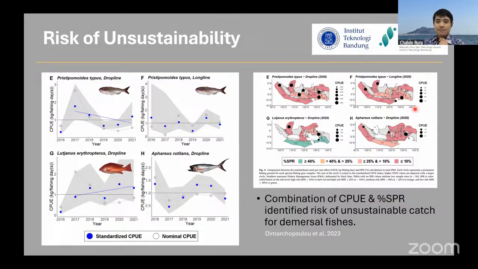So I think research in assessing whether or not we still have a sustainable stock and population of fishes is also important, so we have a threshold of how much is too much.